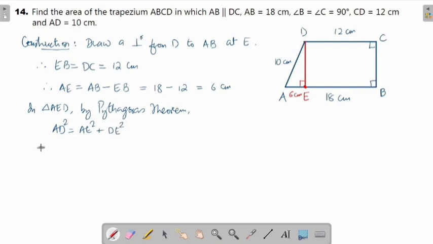Now let's simplify this. AD is given to be 10, so it becomes 10 square is equal to AE is 6, so 6 square plus DE square, which we don't know.